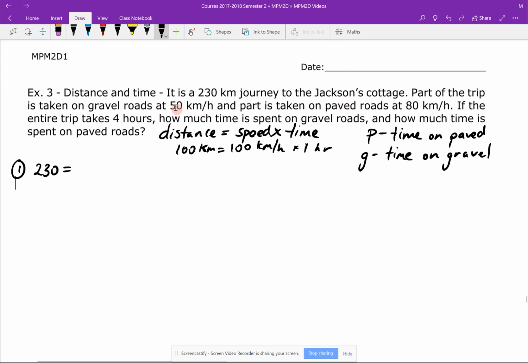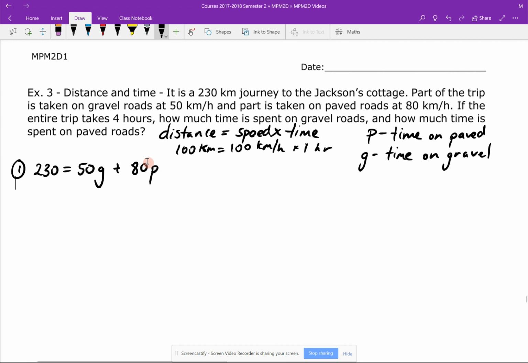So I have 50 times my time spent on gravel roads, plus 80 times the time spent on paved roads. Speed times time gives you distance.